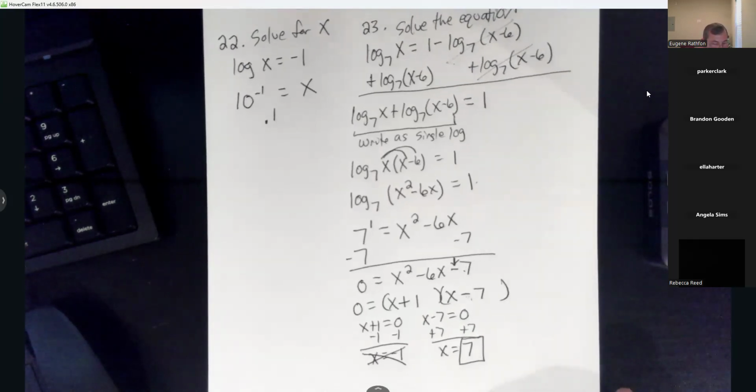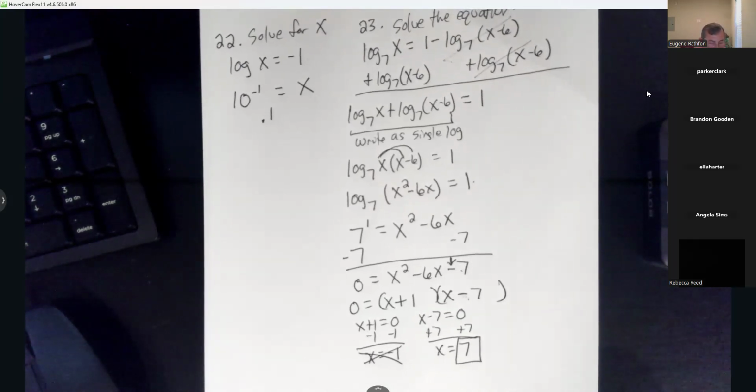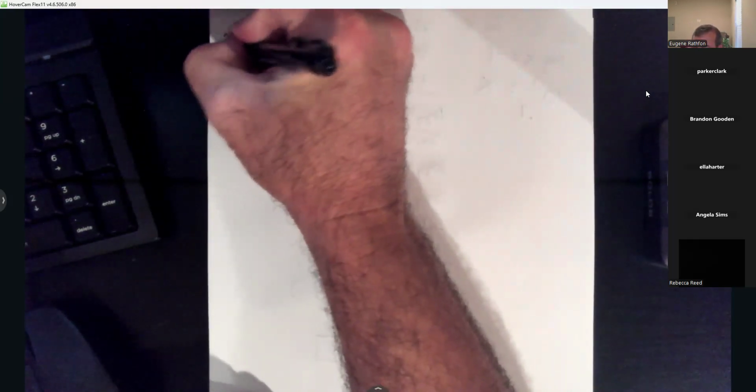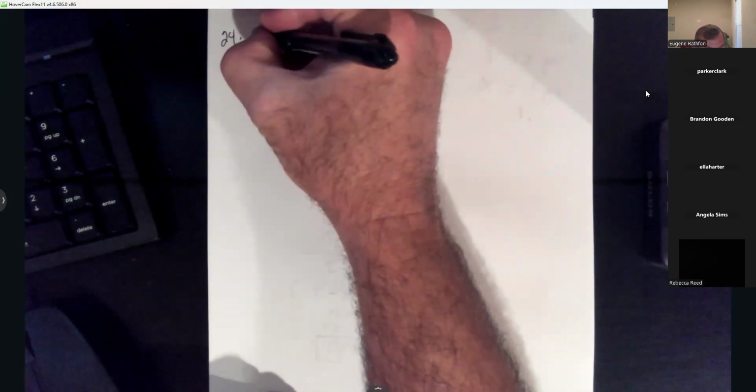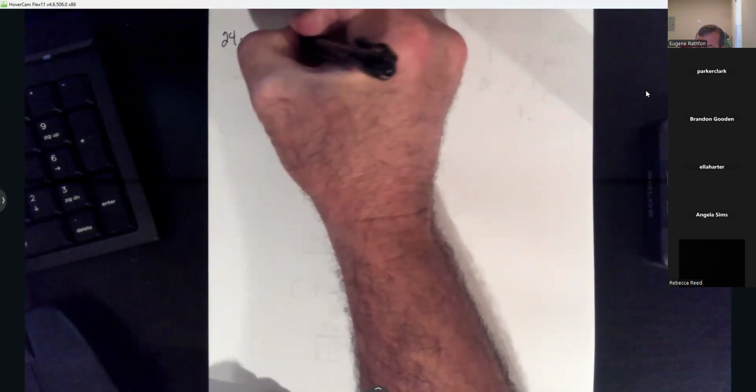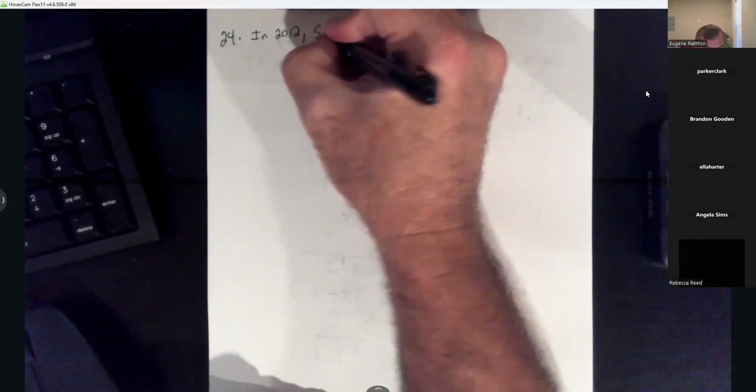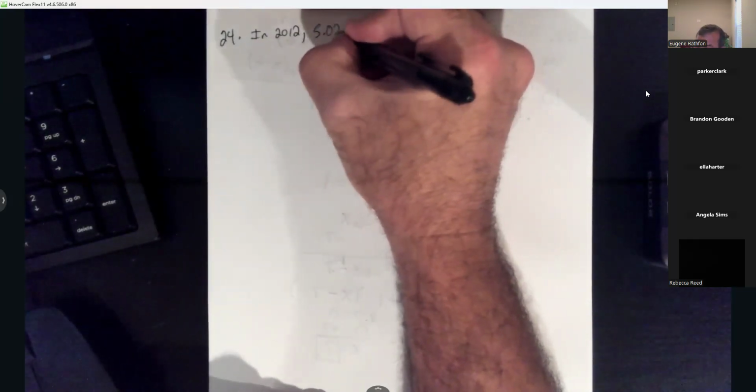All right, let me see. 24 and 25 are doing the new stuff with the exponential growth that I did the other day. So for mine, in 2012, the population of a city was 5.02 million.